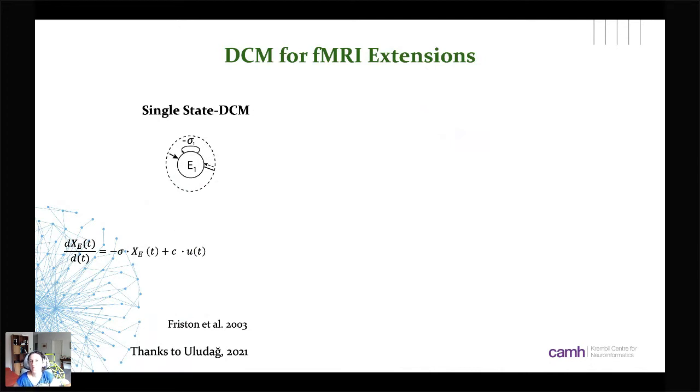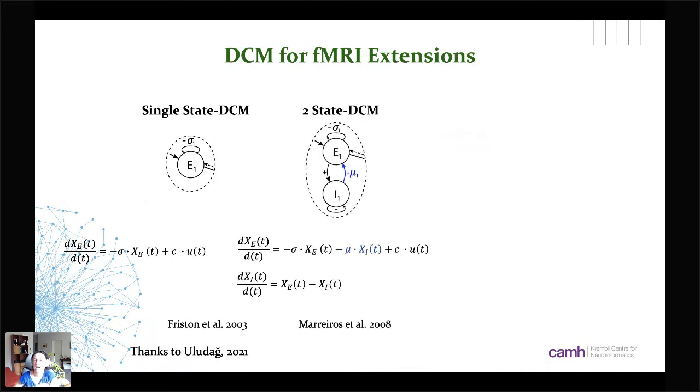So the single state neural model was then extended by Marreiros et al. in 2008 by adding an inhibitory neuronal subpopulation within each region. This means that this model is actually modeling both excitatory, glutamatergic, and inhibitory GABAergic connections within each cortical region of your network.